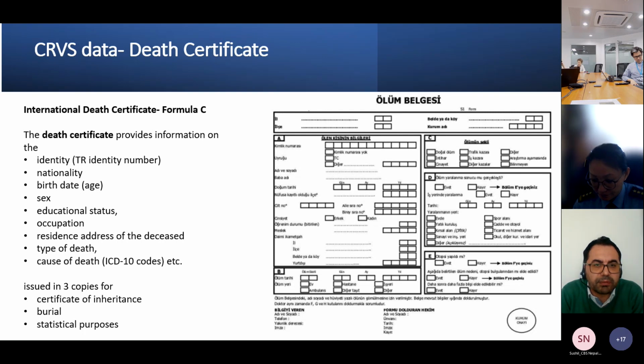This certificate provides information on the identity, nationality, birth date, so the age, sex, educational status, occupation, residence, address of the disease, type of death, and cause of death. And it is issued in 3 copies: for the certificate of inheritance, for burial purposes, and for statistical purposes.